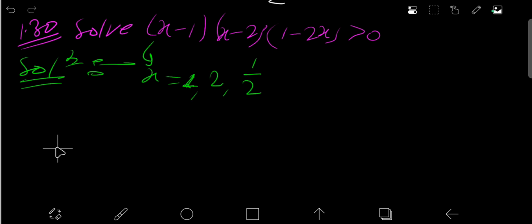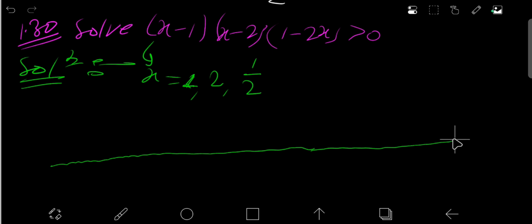Now we draw a real line. This type we draw a real number line.